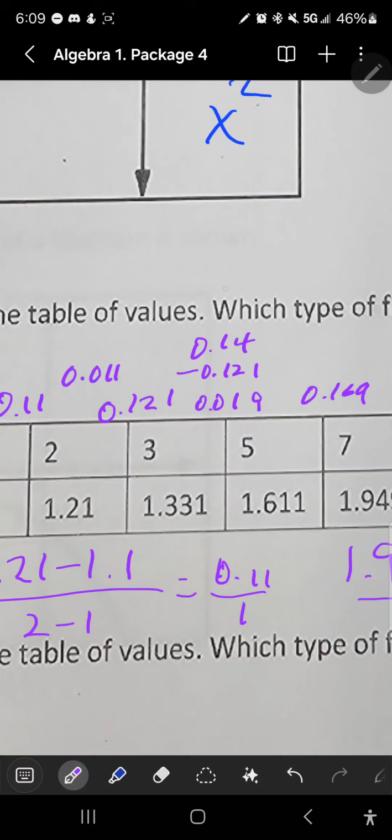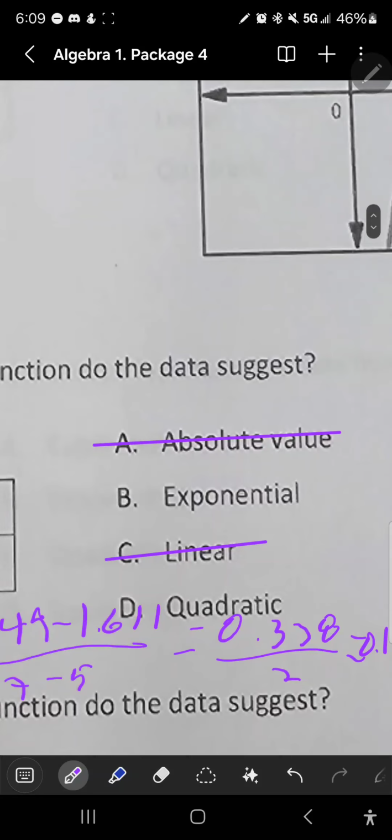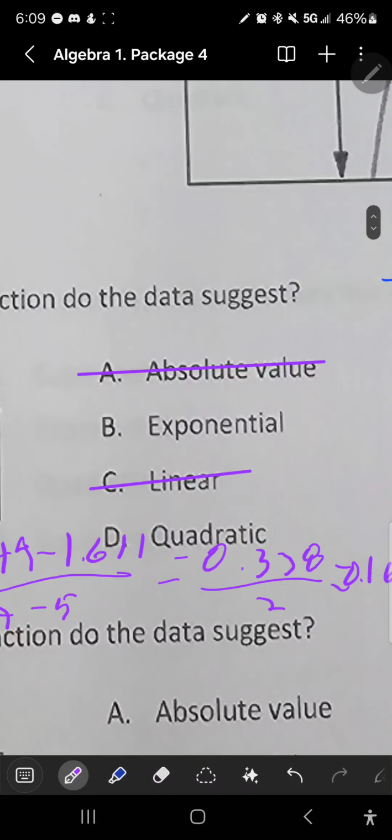The difference should be 0.022 because there is a 4 right here. I don't know if I explained it right. I'm going to post a video. I really mess up sometimes with functions. So yeah, our value is exponential.